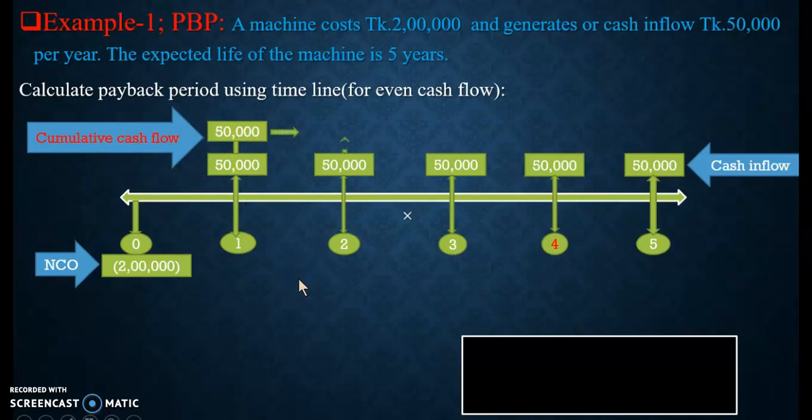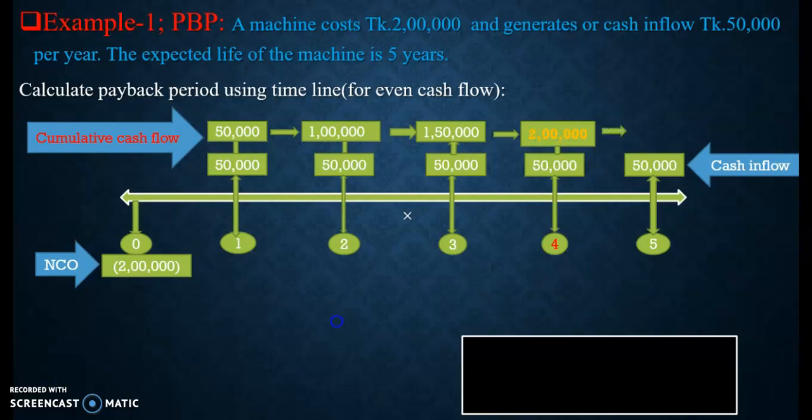For the second year we add 50,000, that will be taka 1 lakh, and third year cumulative cash flow will be taka 1,50,000, and fourth year cumulative cash flow will be taka 2 lakhs, and fifth year cumulative cash flow will be taka 2,50,000.